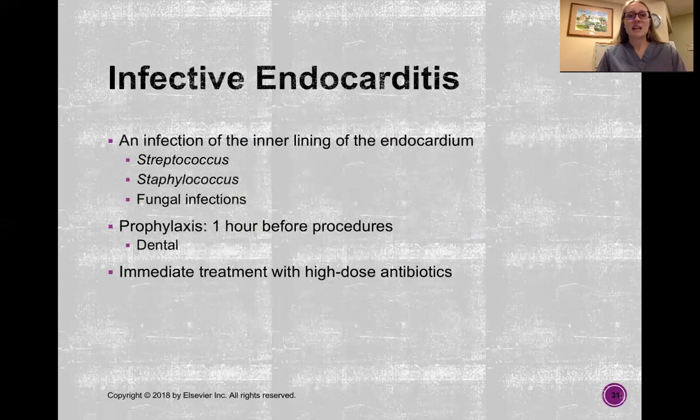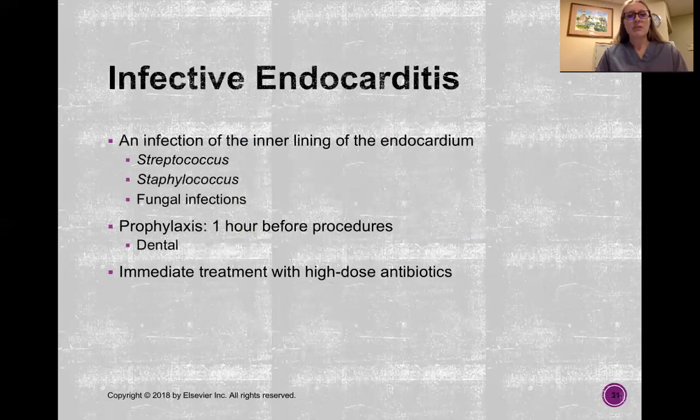And that's because that tissue is more susceptible to infection, and the blood flow isn't flowing quite as quickly, so there could be a buildup of bacteria. The common infections are strep, staph, and fungal infections. And this is when the inner lining of the endocardium becomes infected, and it can have drastic effects.